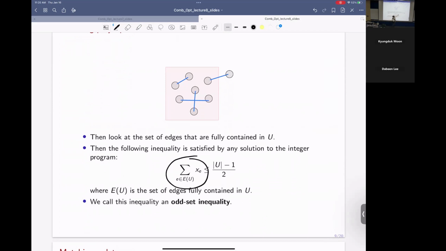That's because you subtracted 1 from |U|, as at least one vertex is unmatched within the edges inside the set. And each edge can cover 2 vertices, so we divide by 2. So these are the inequalities. Any question?